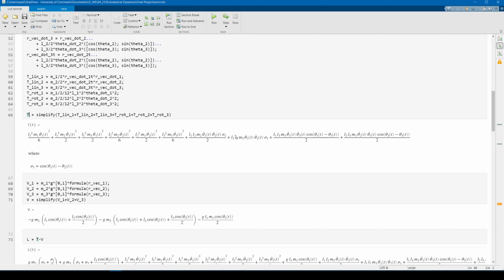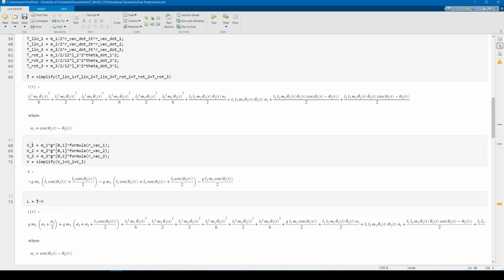You can see this equation is pretty long, and MATLAB chose to substitute in sigma 1 here and here. I believe those are the only two spots. Sigma 1 is defined here as the cosine of the difference of theta 1 and theta 2.